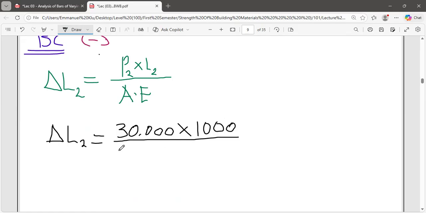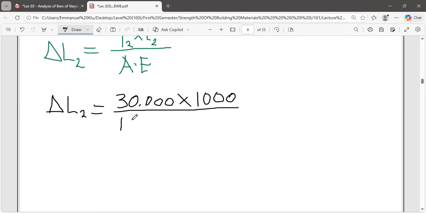All over the area 2, which was given as 1,000 times 1.05 times 10 exponent 5.